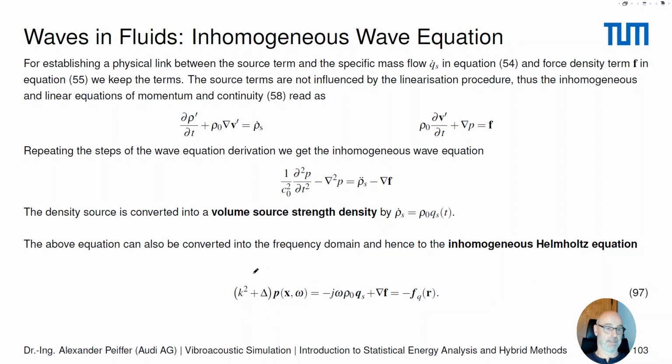Again, the classical wave equation, or the Helmholtz equation as we know it, plus an extra term. When we combine both terms in one term, we call this function f_q. This is what we call the source term of our inhomogeneous Helmholtz equation.